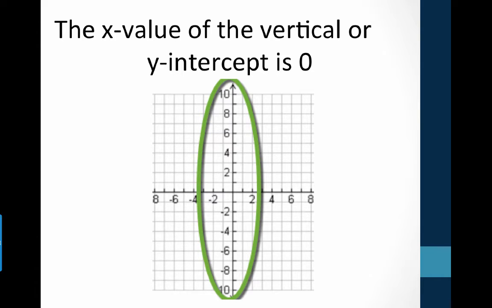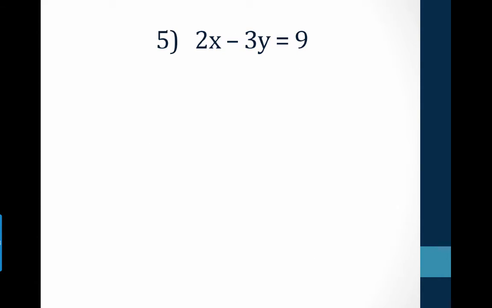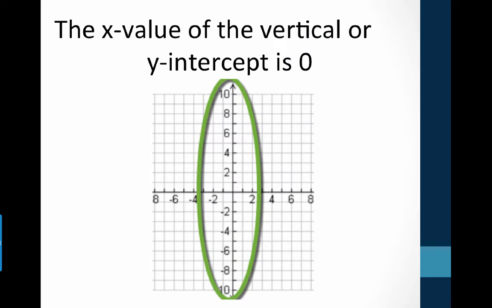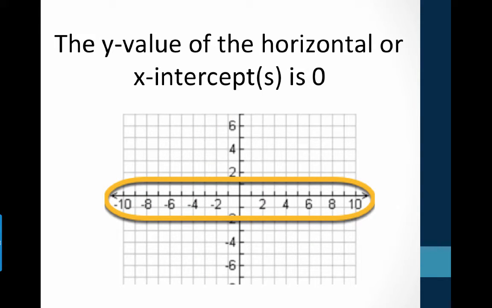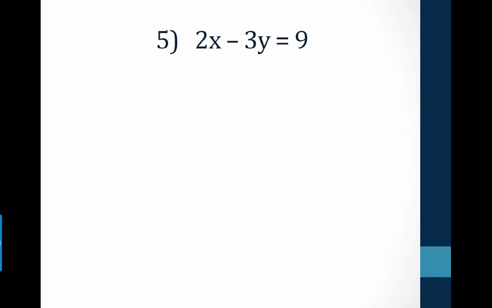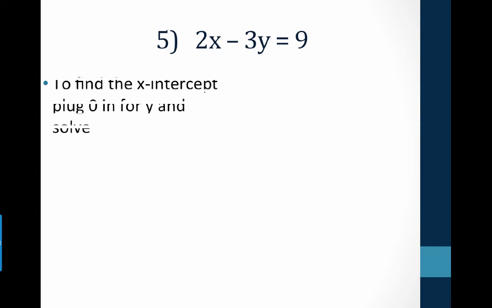So let's say we don't have a graph, we just have an equation, and we want to find the x and y-intercepts. Well, knowing that the x value of the vertical intercept is 0, and knowing that the y value of the horizontal intercept is 0, we can use this for this equation.